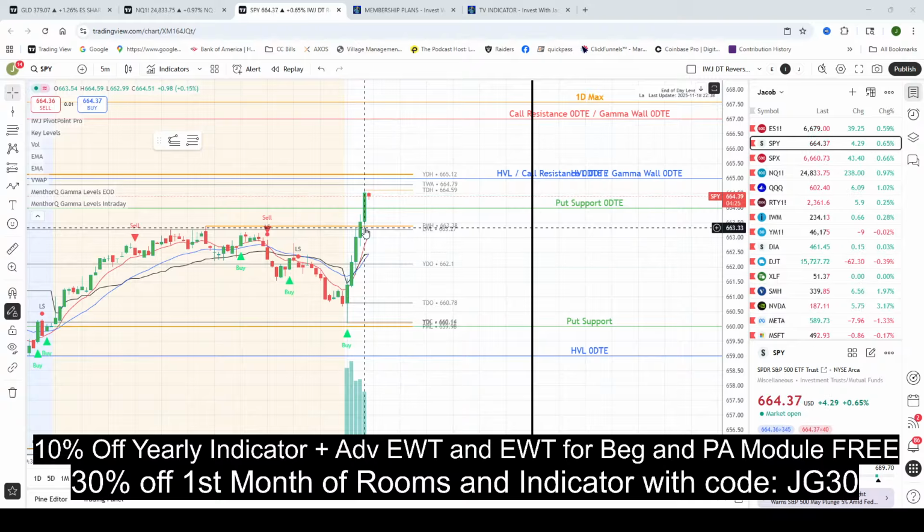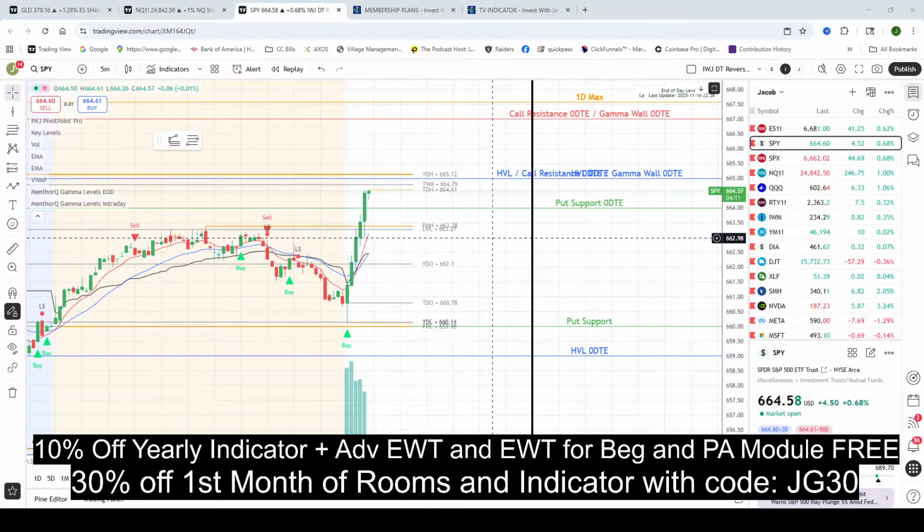It's an all-in-one indicator. It's power-packed. It's consistent, and if you just apply it and use the rules over and over and over again, you'll be a very happy person.